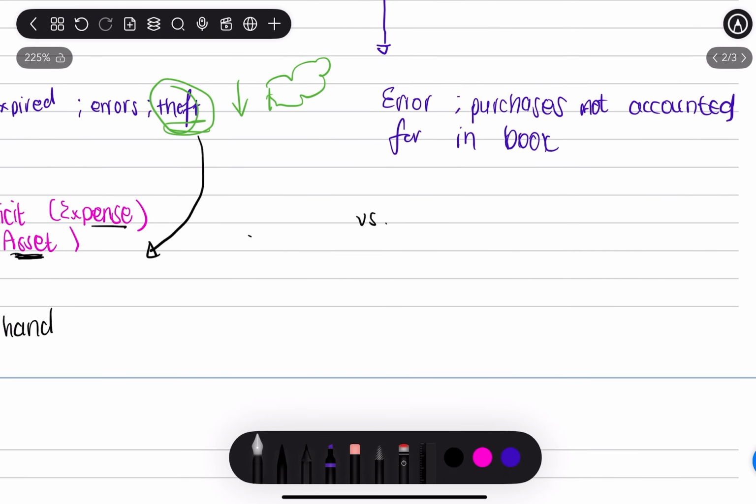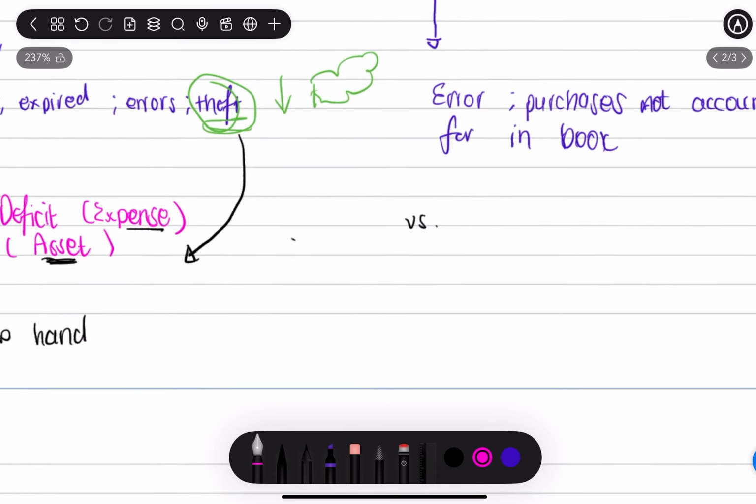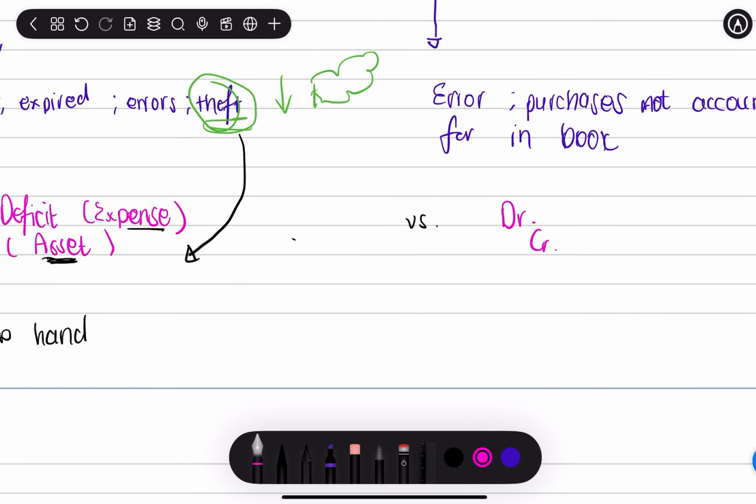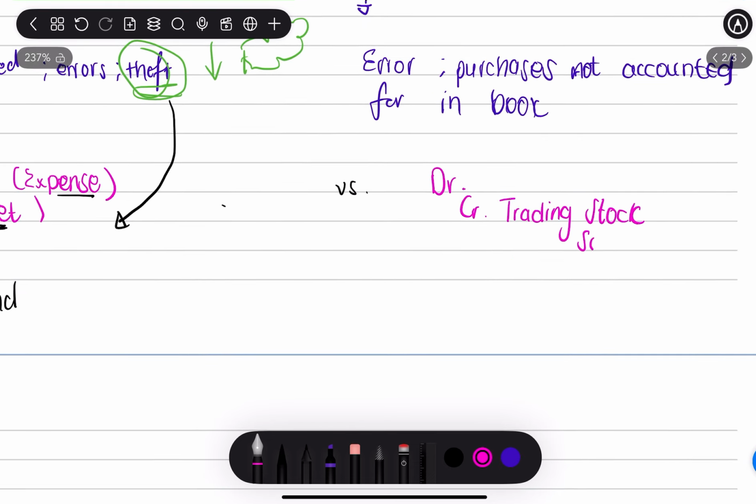Versus a surplus, journals for a surplus, we would say debit, credit again. A surplus is credited because it is an income. So we want to say trading stock surplus, which is an income, and then trading stock, which is an asset. So we are bringing trading stock up because we didn't account for it before.